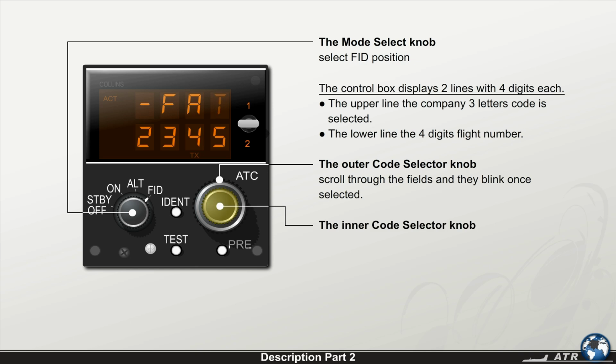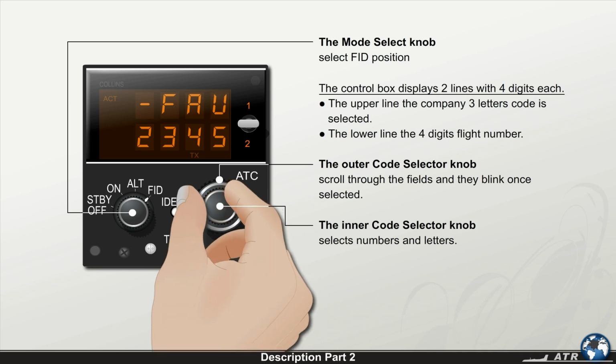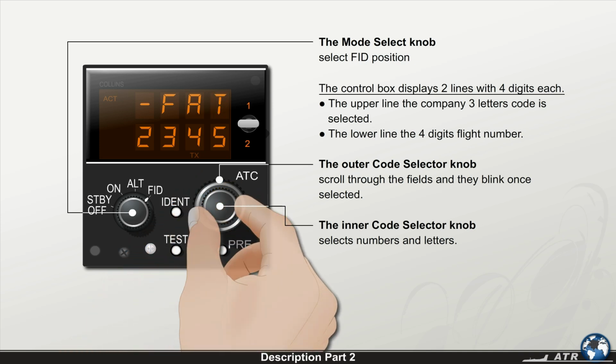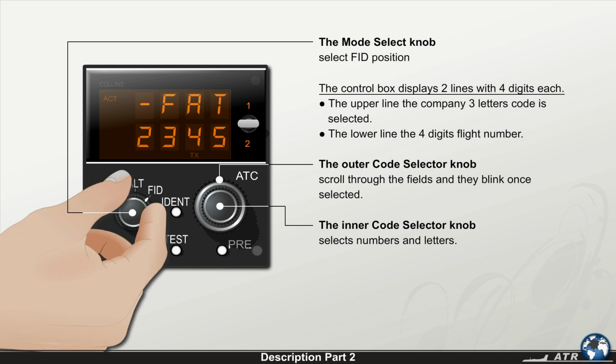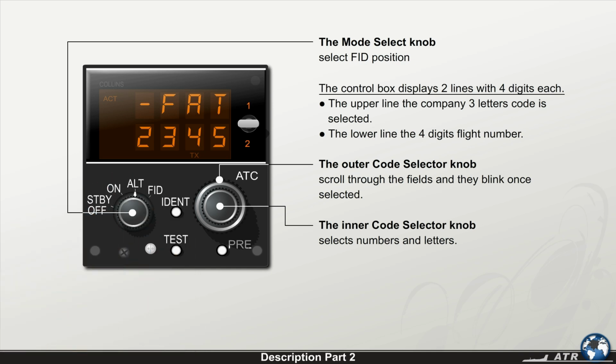The inner or smaller code selector knob selects numbers or letters. Once the selection is made, the Mode Select knob has to be set to Alt again. The information is then saved.